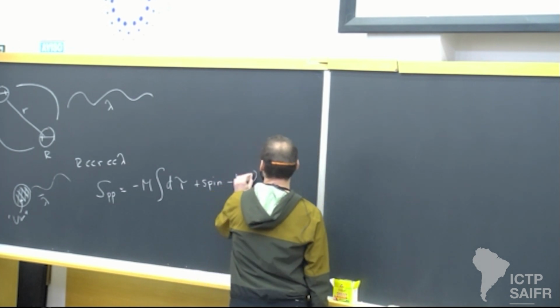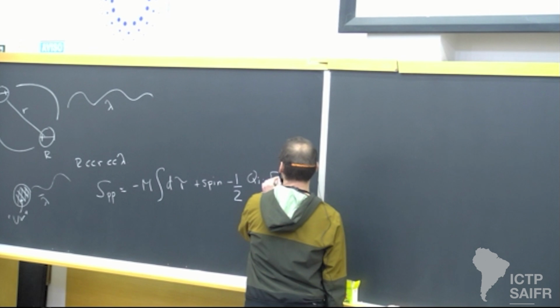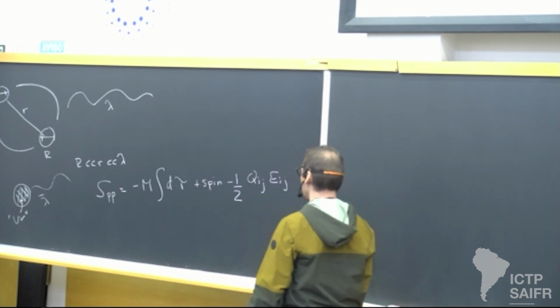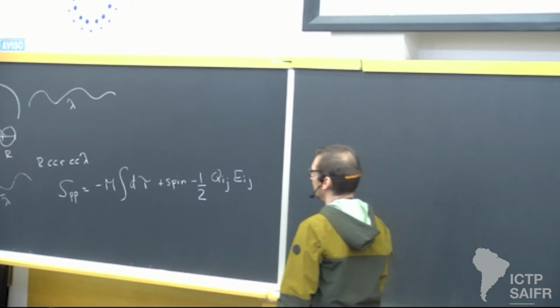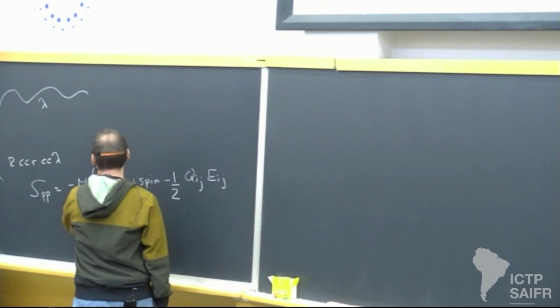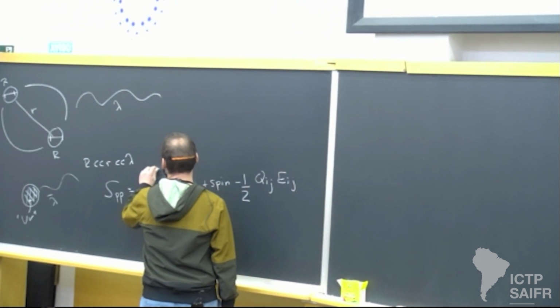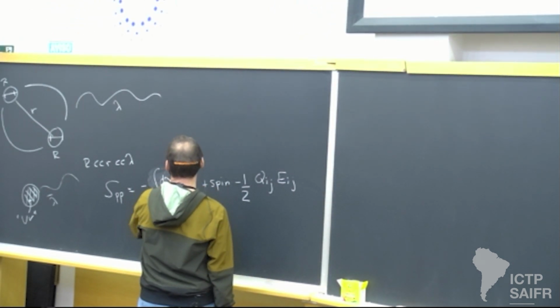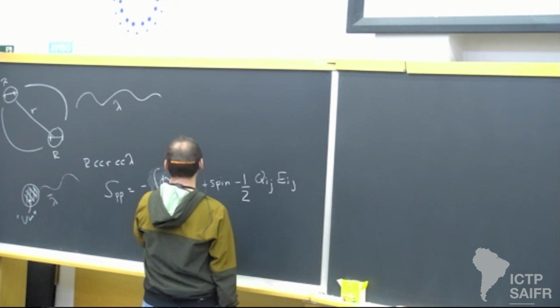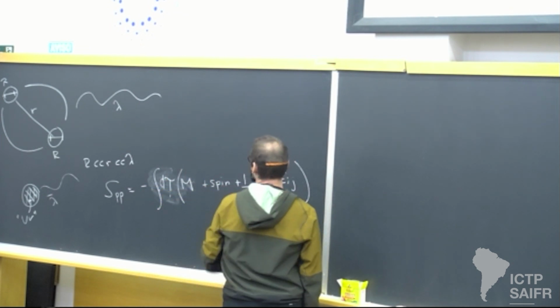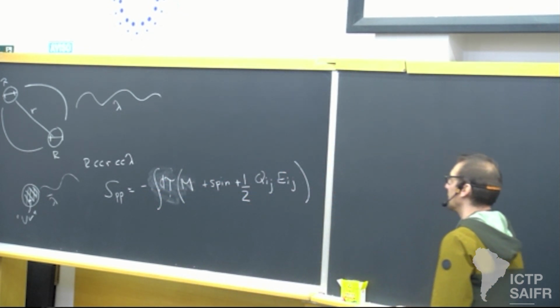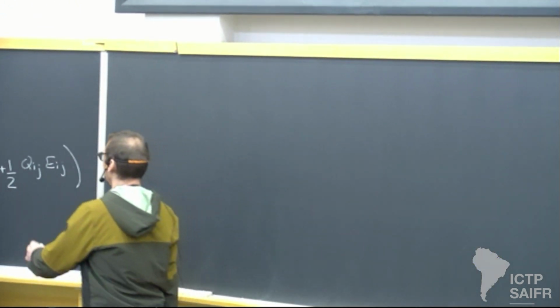And let me just write one of them. And then if we do it this way, and just to be consistent, there's an integral in d tau, there's a mass, there's the spin, and there's this quadrupole deformation.